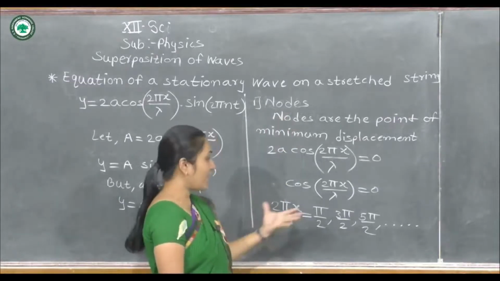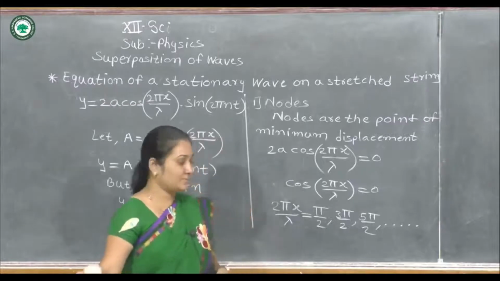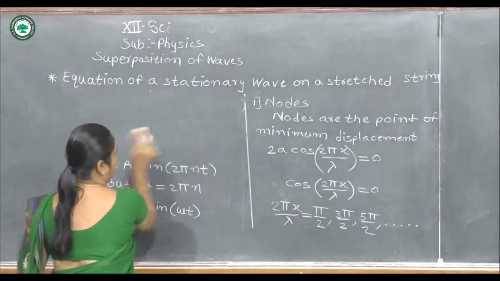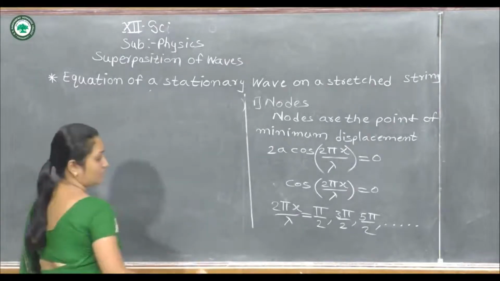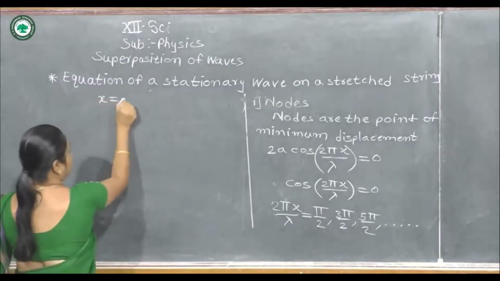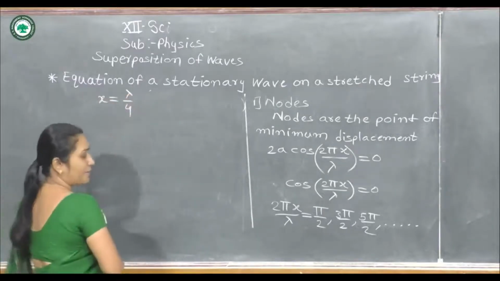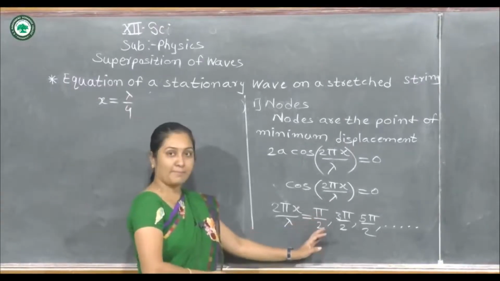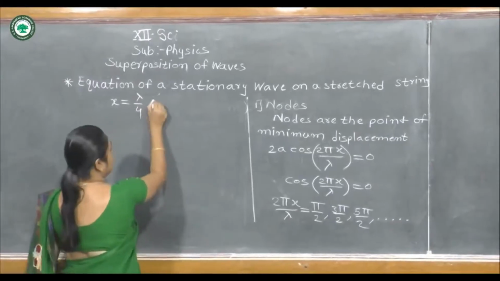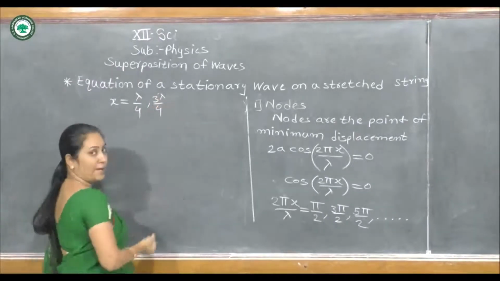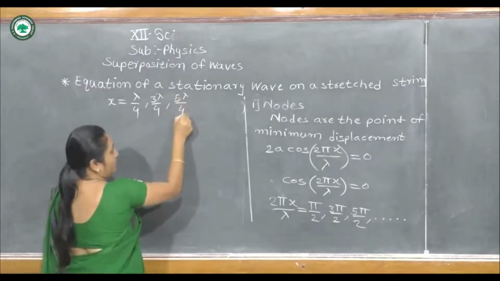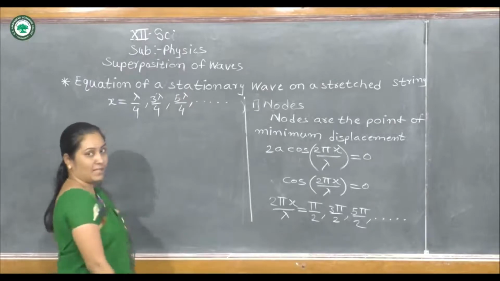So the values of x are given as x equal to lambda by 4 if we substitute pi by 2, then if we substitute 3 pi by 2, it is 3 lambda by 4. Similarly, we can write 5 lambda by 4 like that.